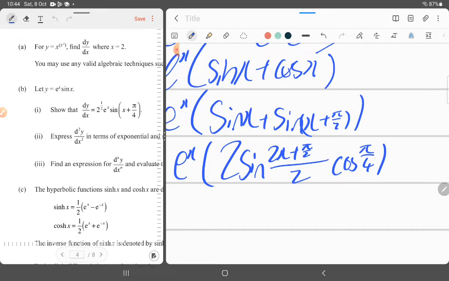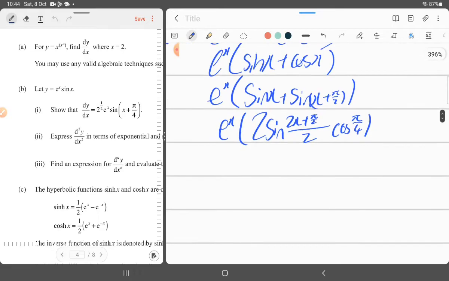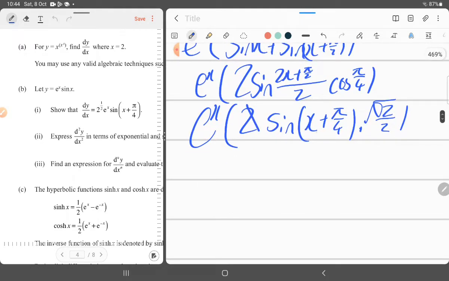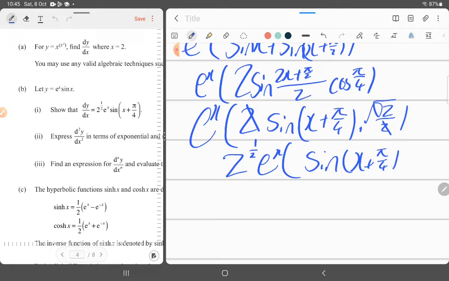Cosine pi over 4, I'm pretty sure is square root of 2 over 2. So e to the power of x, 2 sine x plus pi over 4 times square root of 2 over 2. So that cancels out. So 2 to the power of half e to the power of x sine x plus pi over 4.